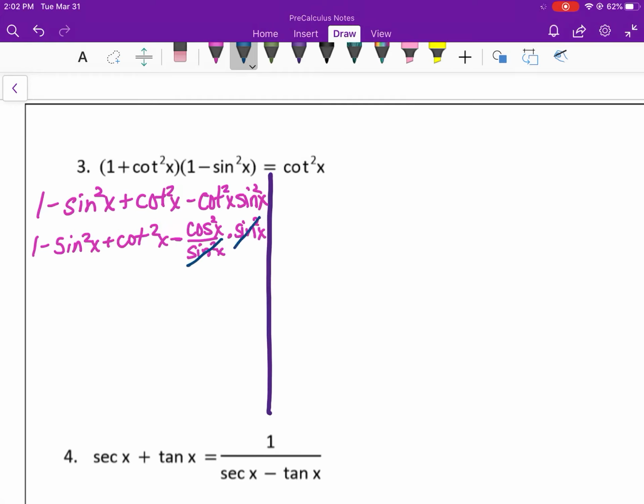These divide out. All right. So that's what I have now.